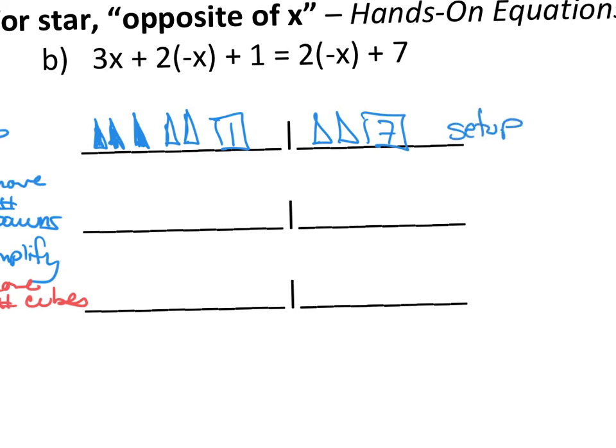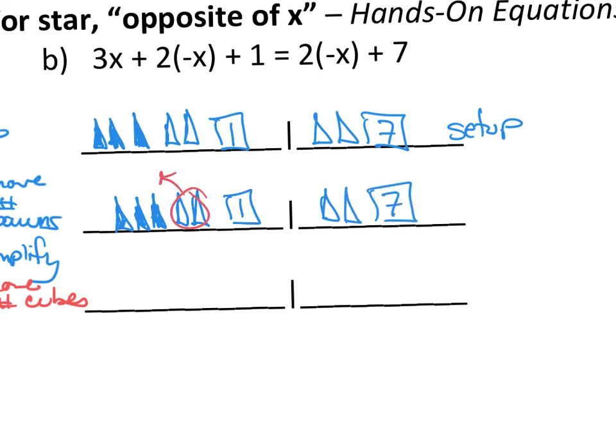And at this point, we can, oh, sorry, need to reset. 1, 2, 3 blue pawns, 1, 2 white pawns, and a 1, 2 white pawns, and a 7. Let's go ahead and remove those 2 white pawns from both sides. Remove an equal number of pawns.